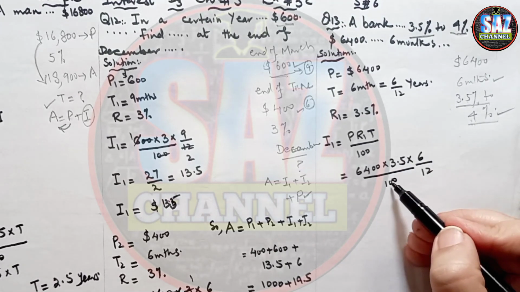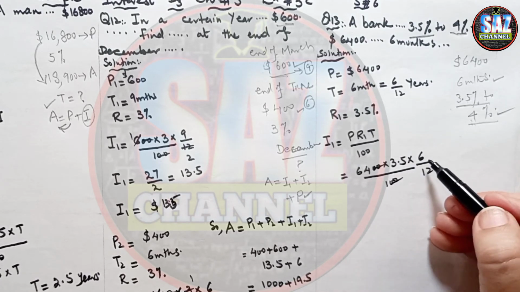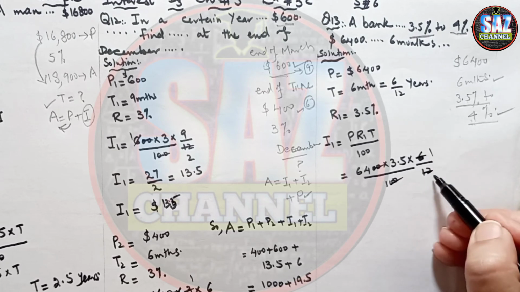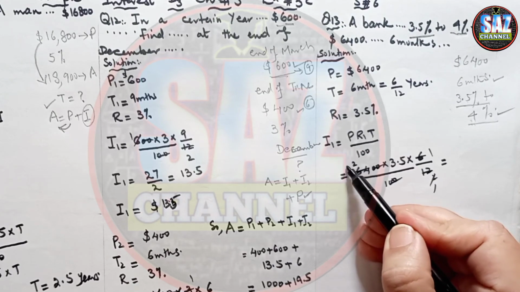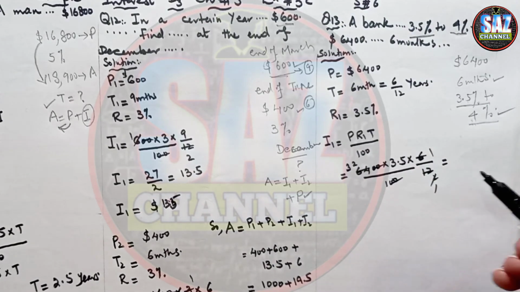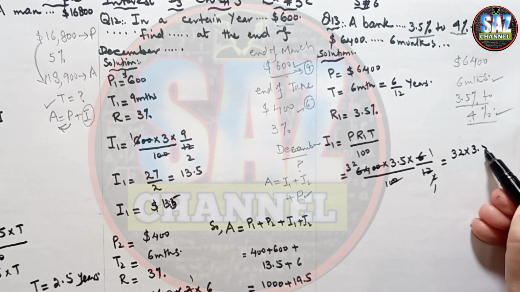And now these two zeros can easily go with these two zeros, and I will be left with 6 ones are, 6 twos are, and 2 ones are, and 2 32 times is 64, and I will be left with 32 multiplied by 3.5.